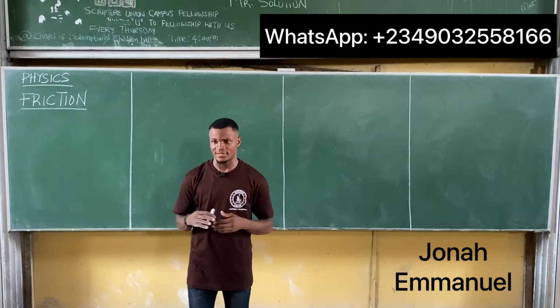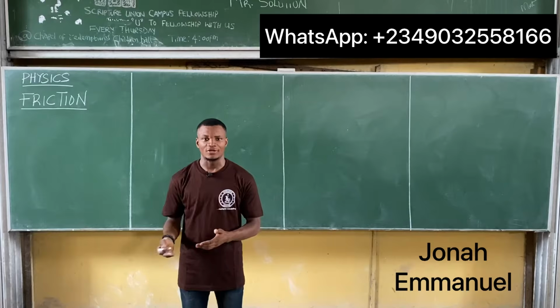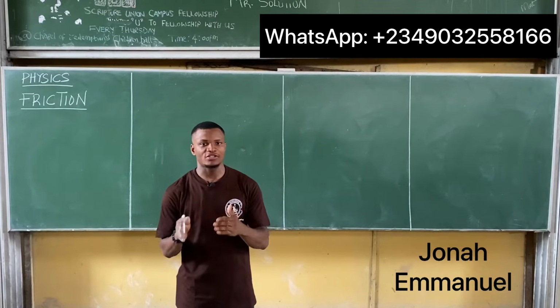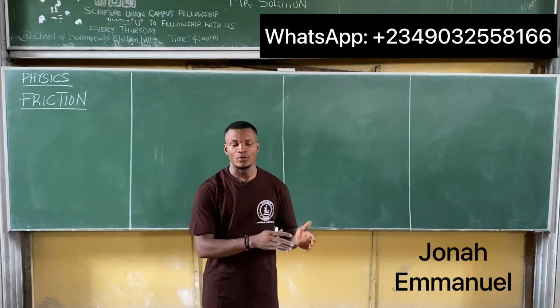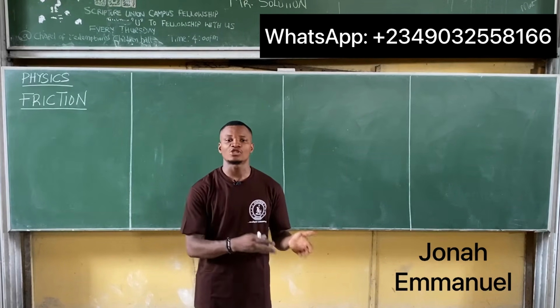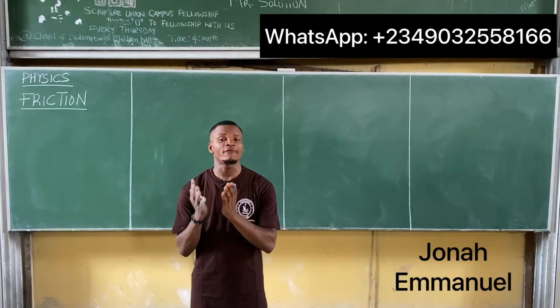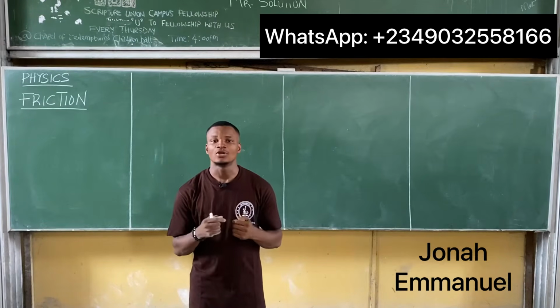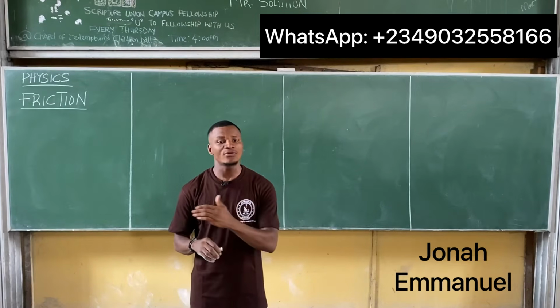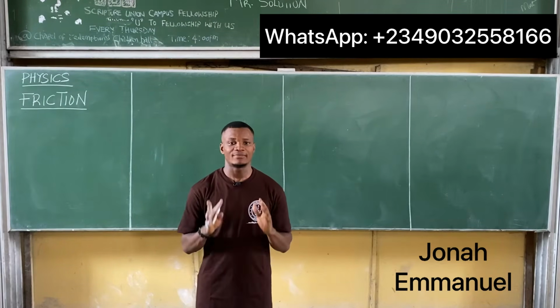So the question is: what is the direction of frictional force? Frictional force tends to oppose the motion of a body, and hence it must be acting in the opposite direction of that body.